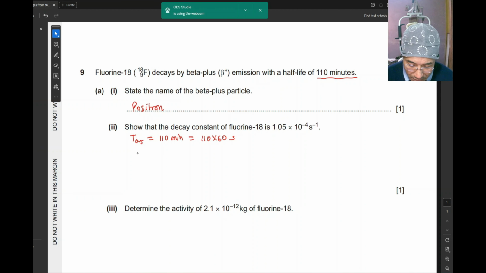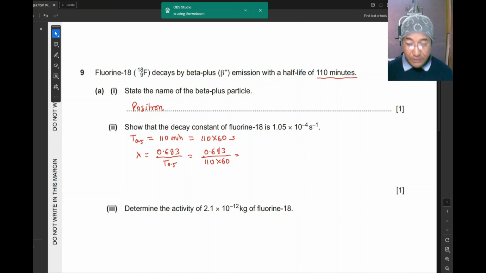Then we have lambda equal to 0.693 divided by T 0.5, and that will be equal to 0.693 divided by 110 into 60.